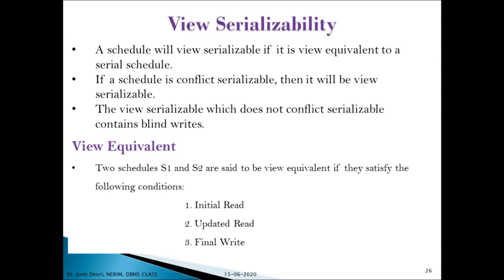Then view equivalent. Say we have two schedules, S1 and S2, and they are said to be view equivalent if they satisfy three conditions: initial read, update read, and final write. If they satisfy these three conditions, then the schedules are view equivalent.